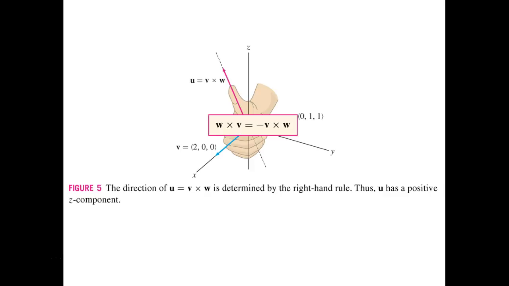That's W. You think about it, it's got to be a little bit shorter than V is. V has a magnitude of 2. This one has a magnitude of square root of 2, 1.4. Okay.